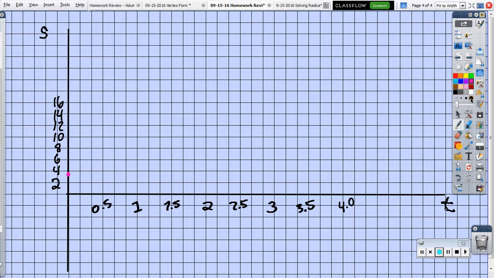And then at 0.5 seconds, it is at -4 feet. Right here. And then at 1 second, it's -8.5. 2, 4, 6, 8.5. Then at 1.5 seconds, it's at -10. 2, 4, 6, 8, 10.